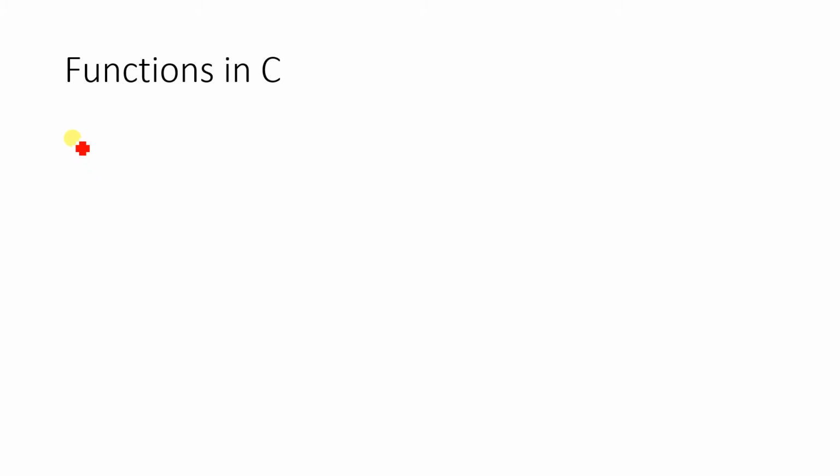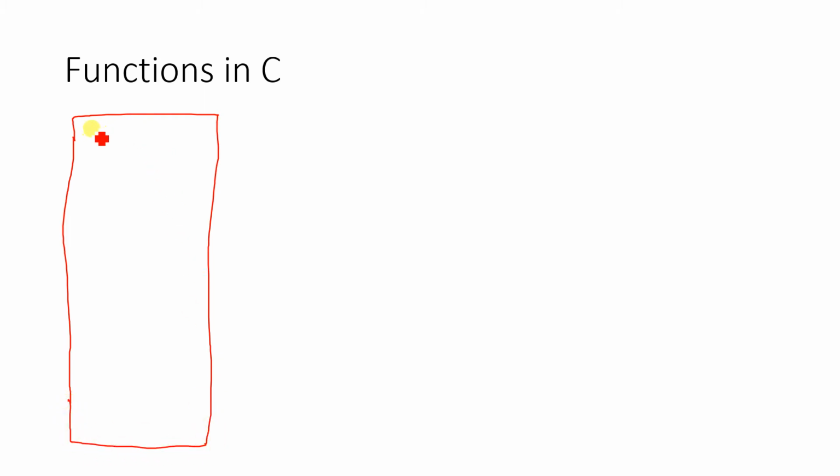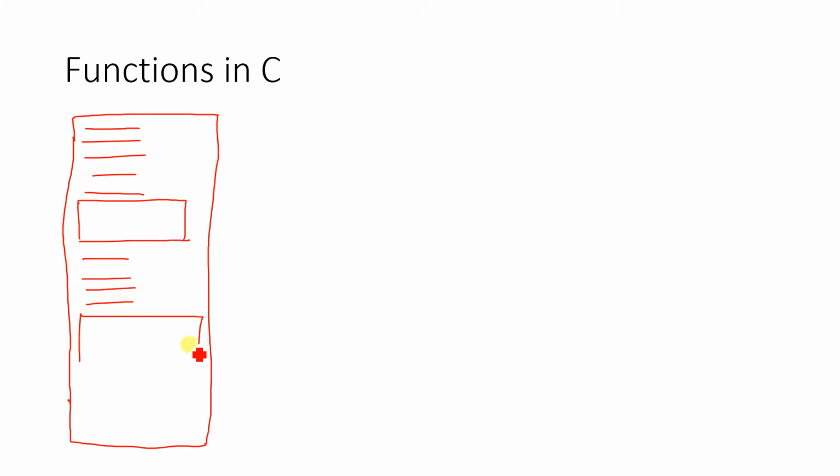Assume that you are writing a program. This is the program code that you are going to write, and you might write 100 or 200 lines of code. Out of those 200 lines, at some places, let's say at this place, then at this place, then at this place, at 3 places you need to check whether a number is prime or not.